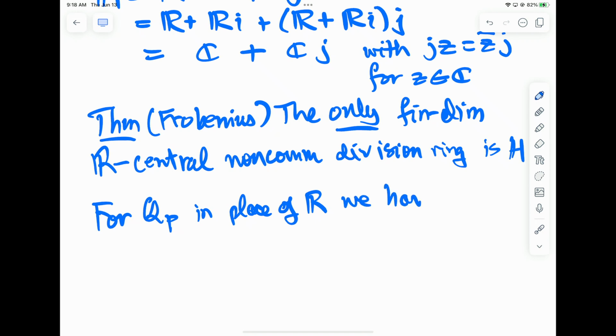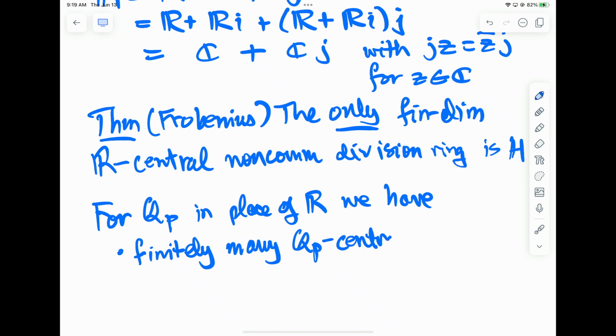we have finitely many Q_p central division rings of each dimension.